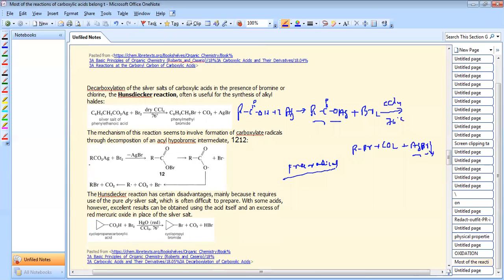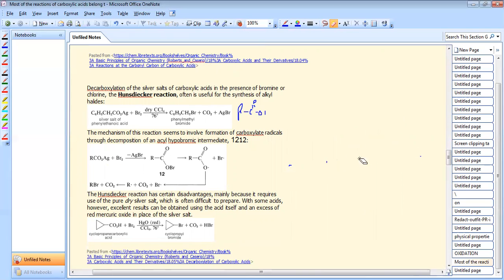So when this silver salt of carboxylate is reacted with bromine, what happens? I will show you. This is the silver salt of carboxylate, so it has a negative charge and a positive charge.